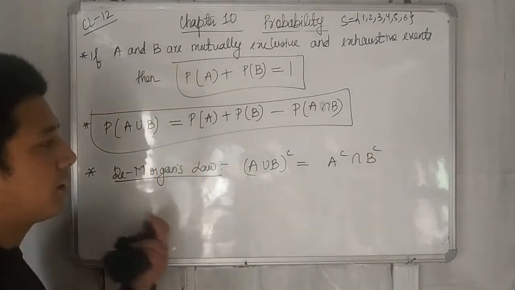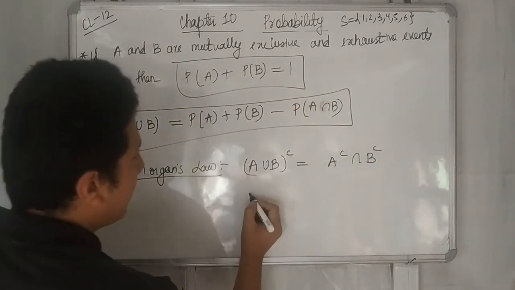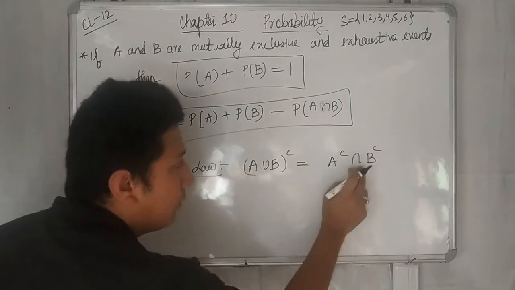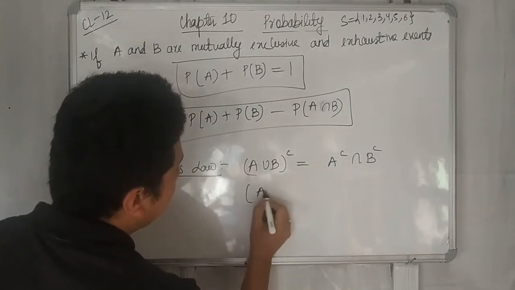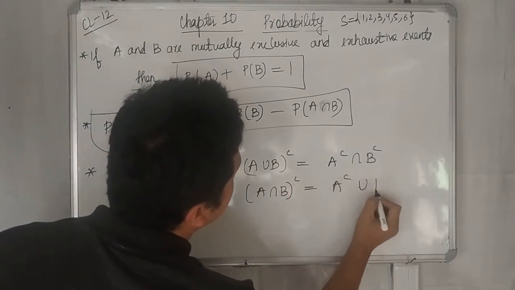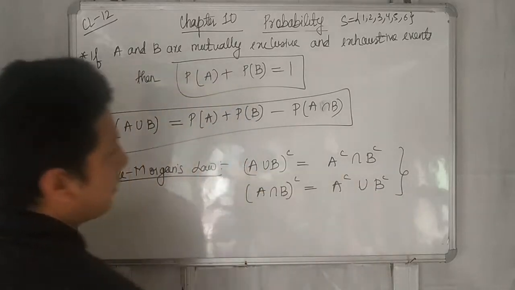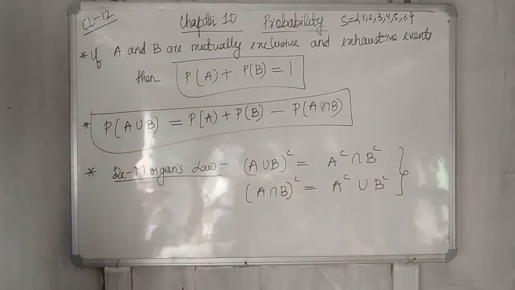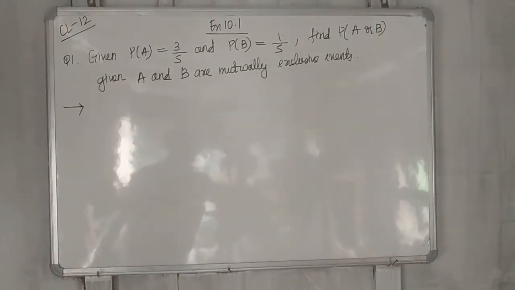We can also write complement by a bar. So (A union B) complement is A complement intersection B complement, union changes to intersection, and after that (A intersection B) complement will be A complement union B complement. So these are your De Morgan's laws. So please learn these three formulas by heart. Okay, so pause the video, note it down.